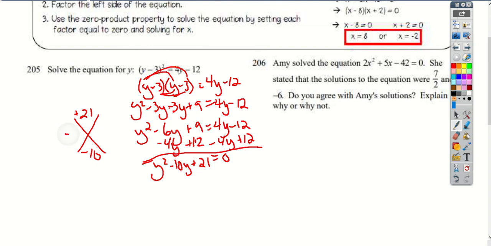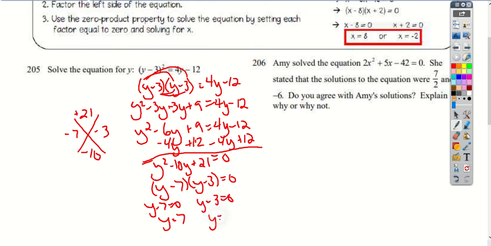So it's going to be negative 7 and negative 3, because they both have to be negative. So (y minus 7)(y minus 3) is equal to 0, and then we set each equal to 0. So y minus 7 is equal to 0, y is equal to 7, y minus 3 is equal to 0, y is equal to 3. We have that or right line down the middle, and there's our solution. So the solution set is 7 and 3, positive 3, not negative 3.